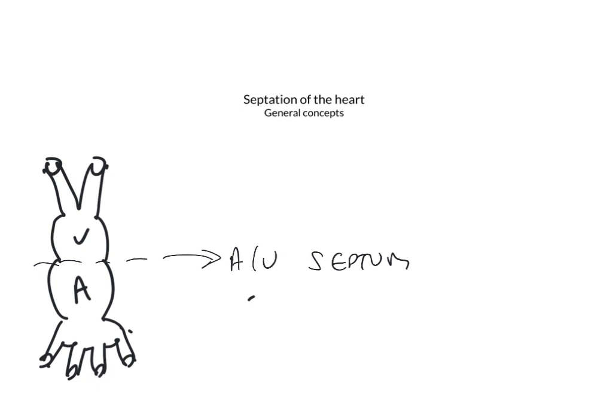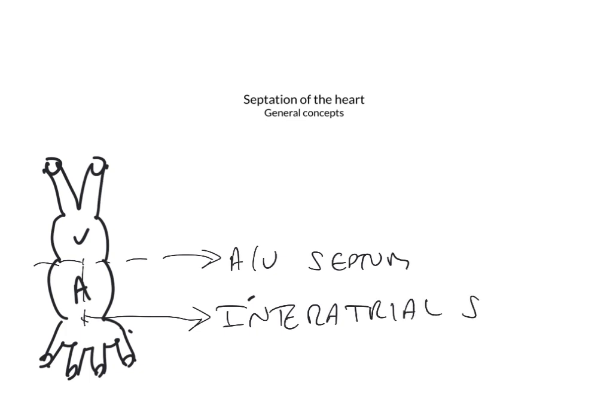Next, we need to form an interatrial septum. And that interatrial septum is going to separate the primitive atrium into a right and a left atrium, enabling us to separate oxygenated from deoxygenated blood.